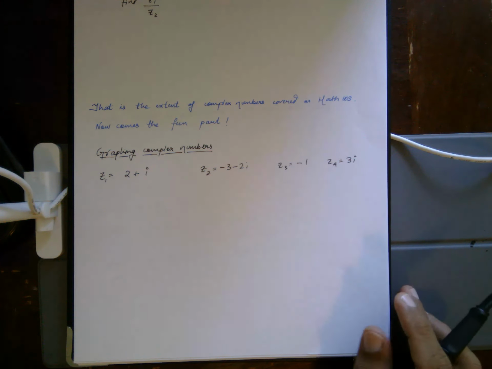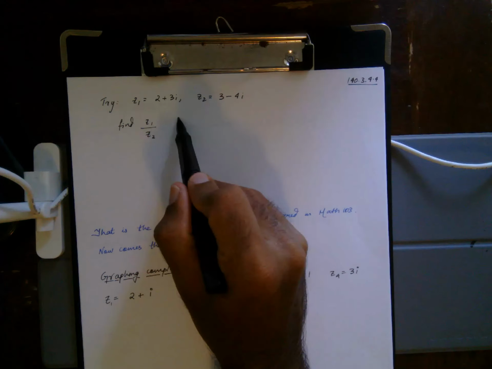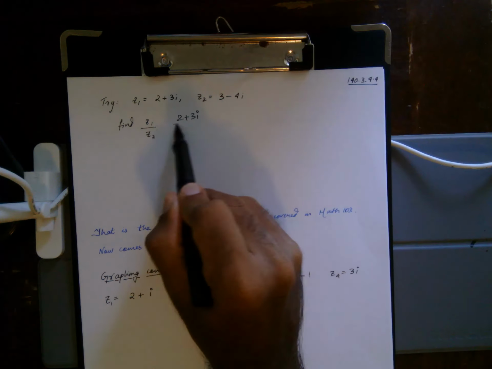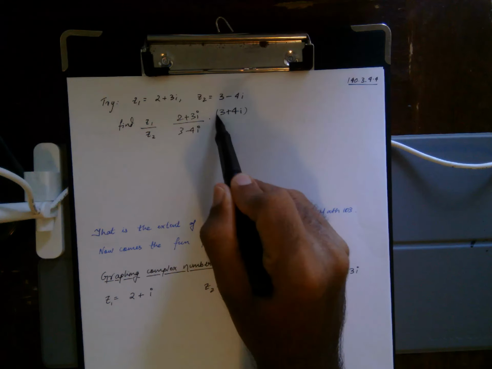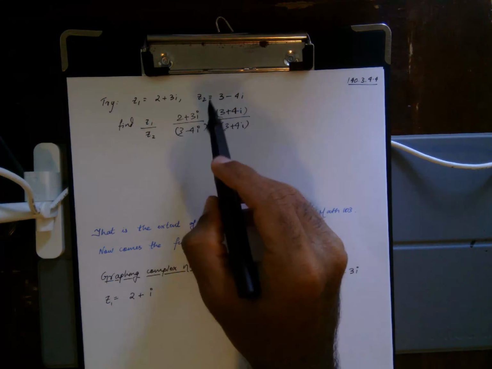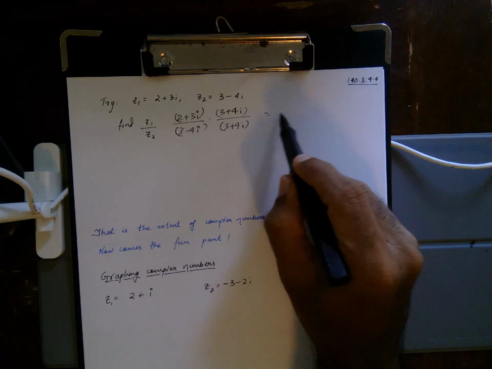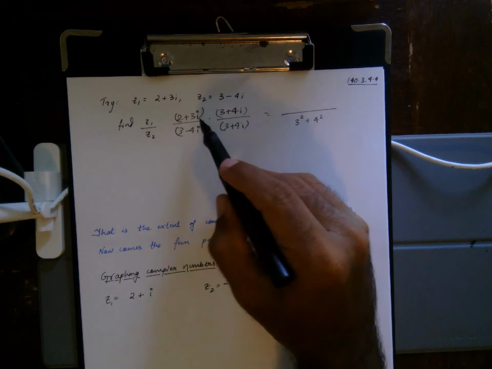Okay, quickly looking at an example. So 2 plus 3i over 3 minus 4i, the conjugate is 3 plus 4i over 3 plus 4i. So all I have to do on the top is distribute, and on the bottom I'm going to have 3 squared plus 4 squared.